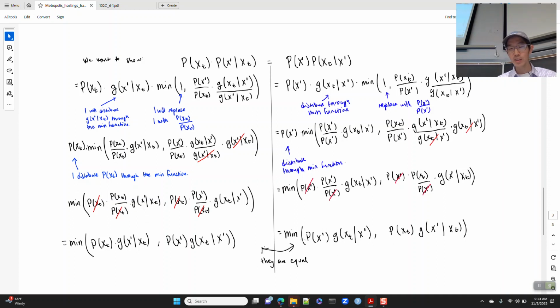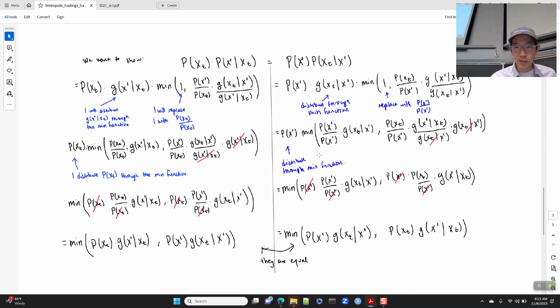That the amount flowing from x prime to xt is going to be the minimum between probability of x prime times the probability of proposing xt, and the probability of being at xt times the probability of proposing x prime, okay? And then in the Metropolis case, as opposed to Metropolis-Hastings, g of x prime and g of xt are symmetric, so they just end up being equal to each other. So you end up getting the same thing as well.